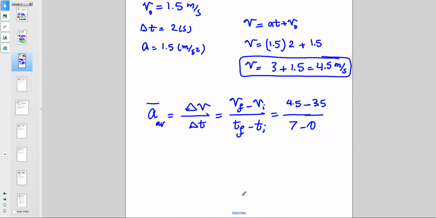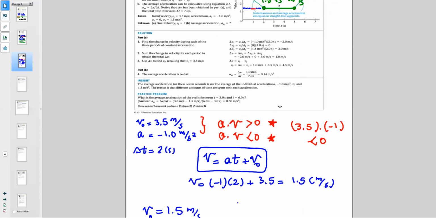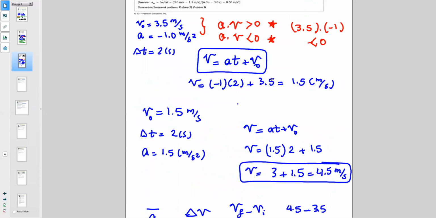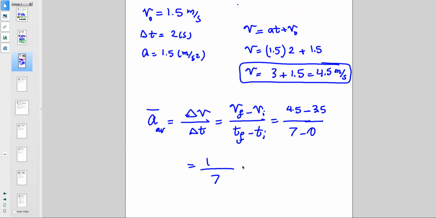So 4.5 minus 3.5 is just 1, and 7 minus 0 is 7, so 1 over 7, okay? You can put it in your calculator: 0.14 meters per second squared. There you go.